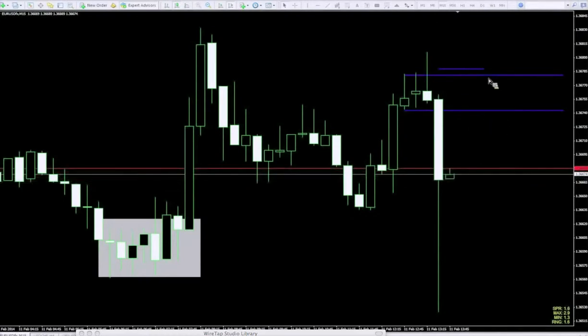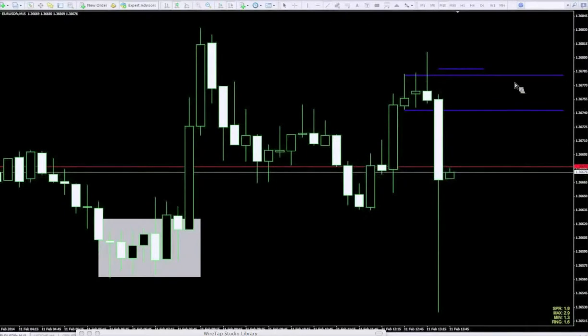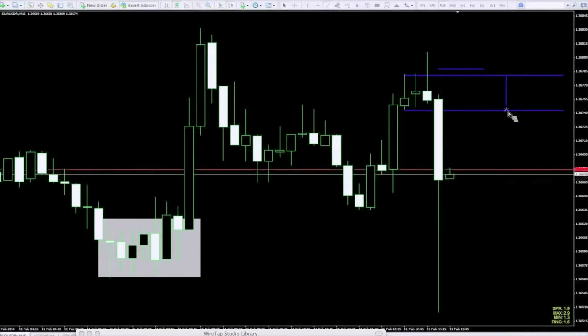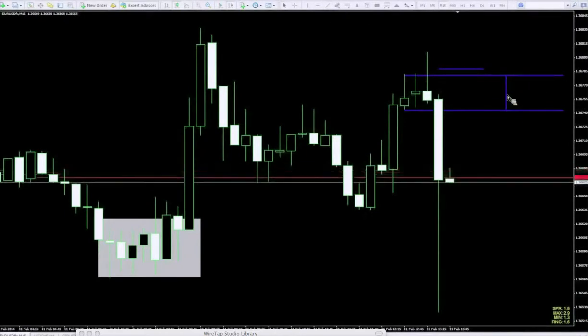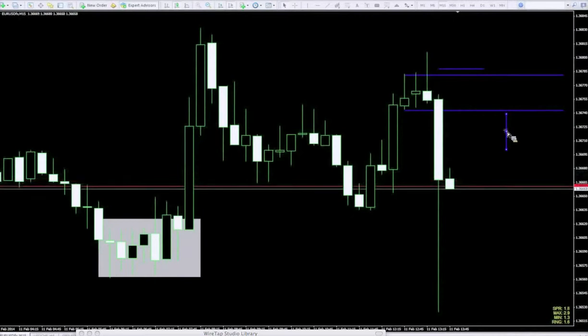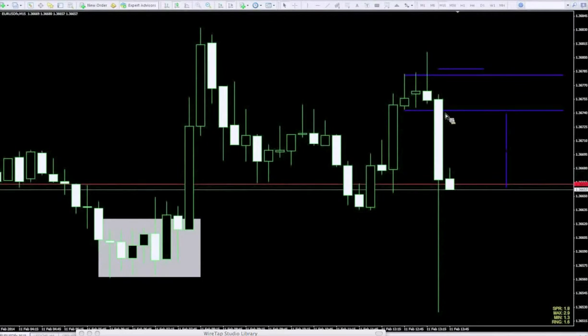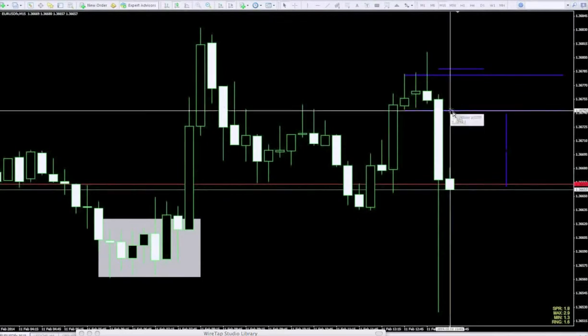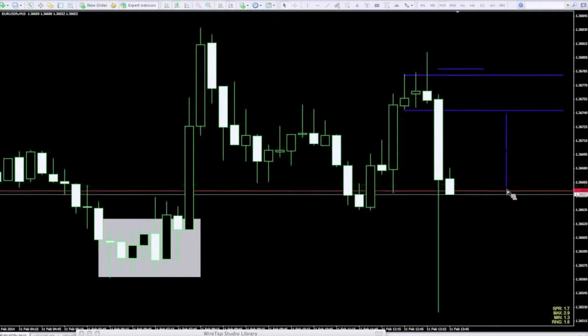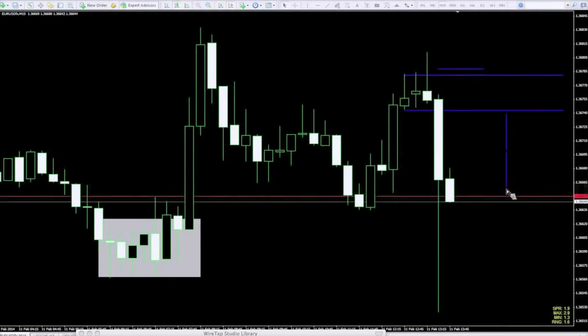All right, so in this case, I'll just draw the line here, and then we can also take a look at the trade Daryl pointed out. So this would be 1 times the width of the box. This would be twice the width of the box, and this would be our take profit. So aggressive traders who would have entered a couple of ticks below this low would have been in profit already on this trade.